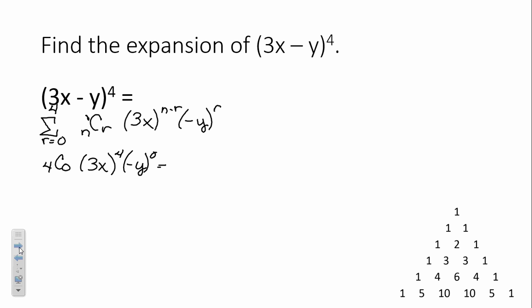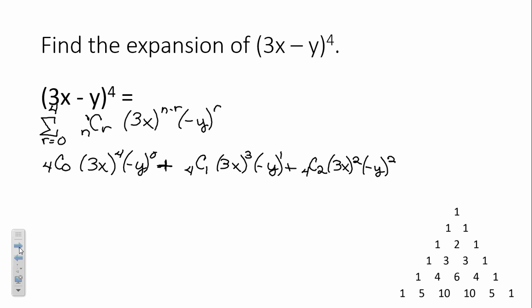Second term, 4c1, 3x to the third, negative y to the first. For 4c2, 3x to the second this time, negative y to the second.